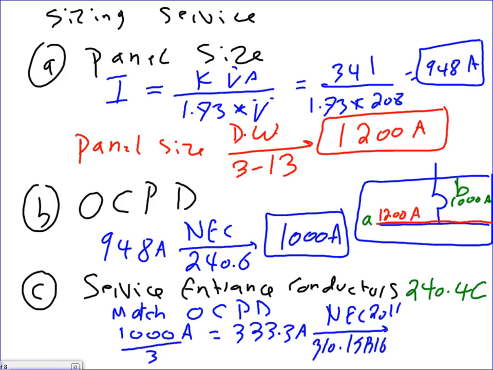Let's say for 3 runs, I will run full neutral. Let's just do the phase now. It's a 3-phase, so I need 3 conductors. Each one of them is 400 kcmil. 400 kcmil. Okay?